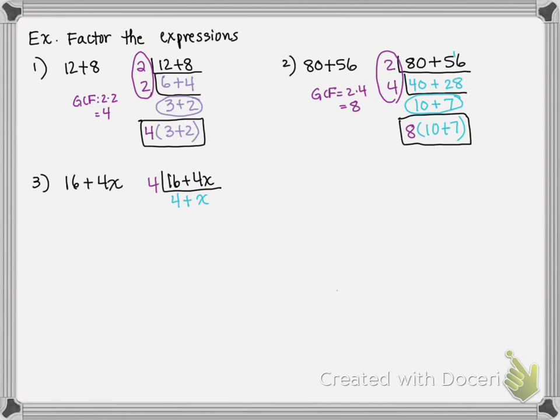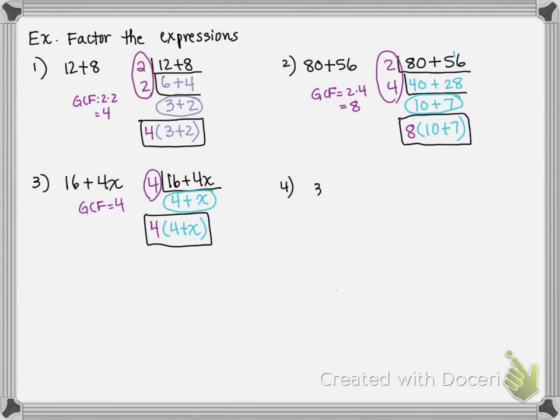All right, those two have nothing in common, so guess what? I don't have to factor anymore because the GCF is the vertical guy. That's 4, so that's going to go out in front, and what remains is going to be the 4 plus x. There you go, that's it. Done.